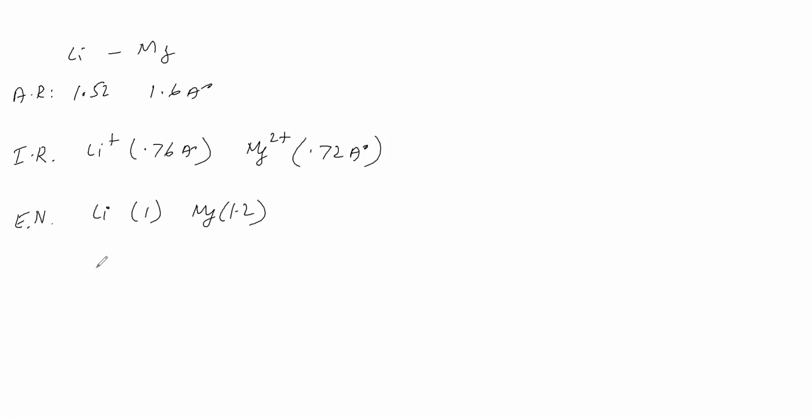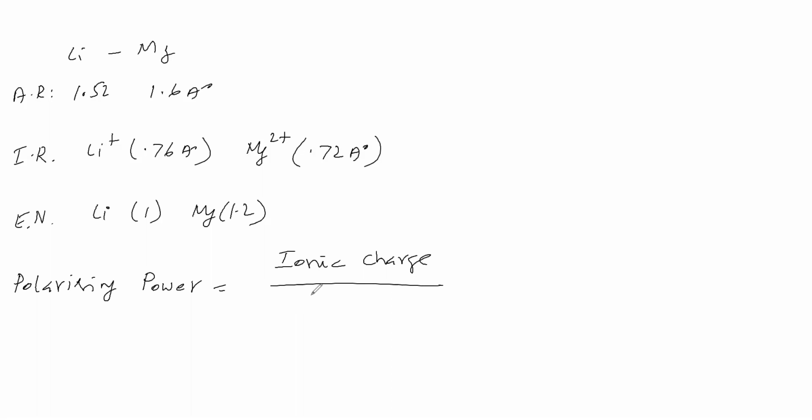Then we will see polarizing power. Polarizing power is equal to ionic charge divided by ionic radius. Ionic charge for lithium is +1, for magnesium it is +2.